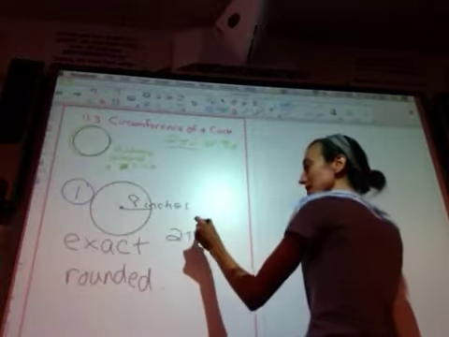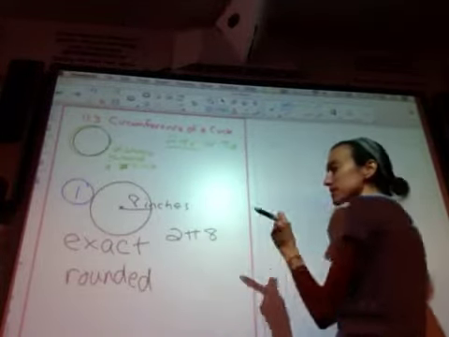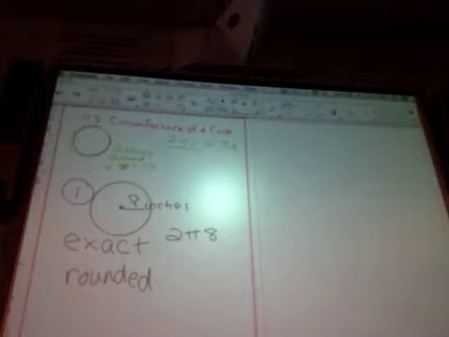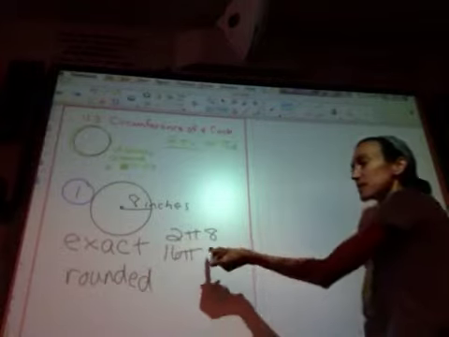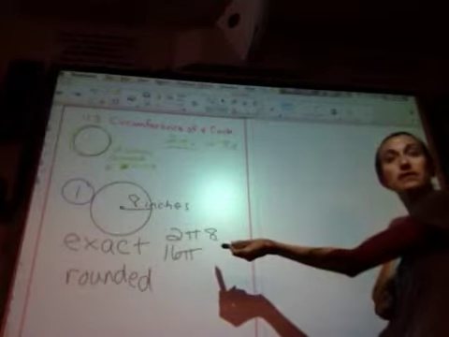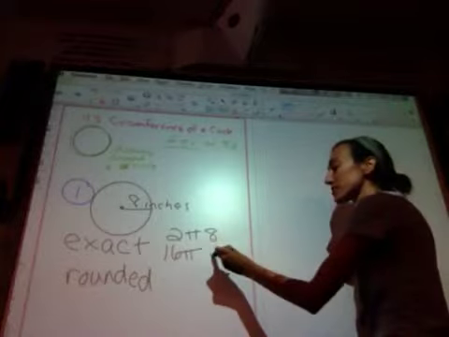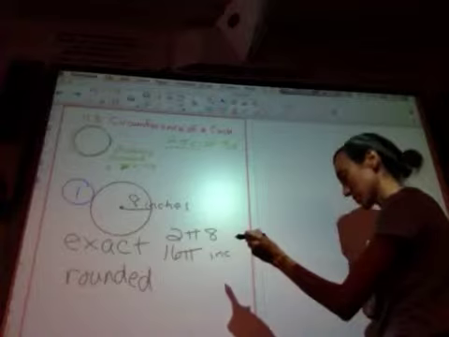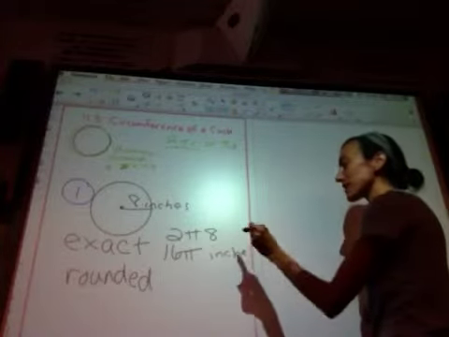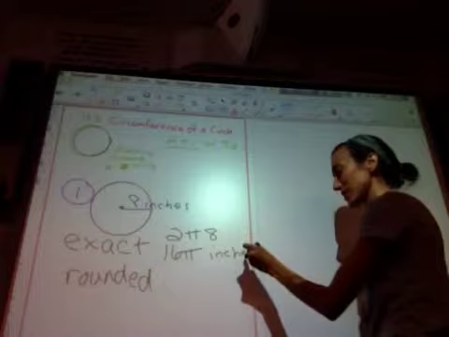So for exact, I would have 2 times pi times r, which is 8. Simplify that. What numbers can I multiply together? Pi 16, but we like to put the number first. So 16 pi would be exact with a label of inches. It's not area, so just inches.